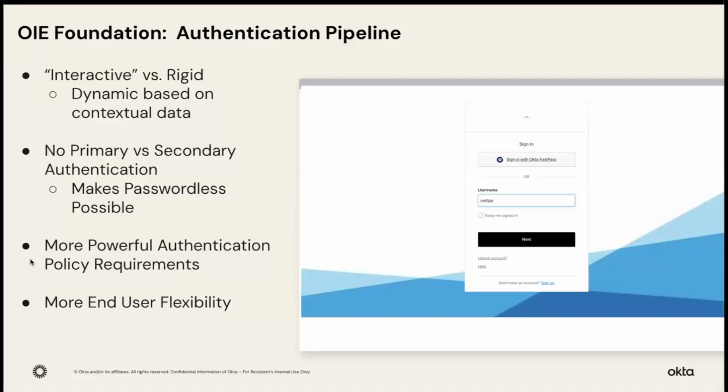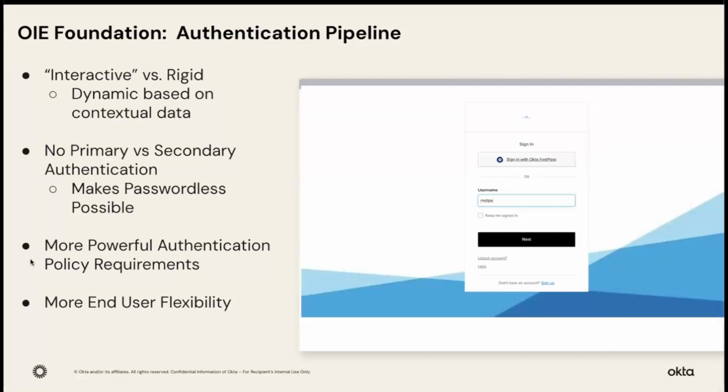There's no longer a distinction between primary authenticator and secondary authenticators. Like in Classic, you would have your password as your primary authenticator and everything else is secondary. There's no longer that distinction in OIE. Everything is just an authenticator, and everything can be treated equally in your policies.